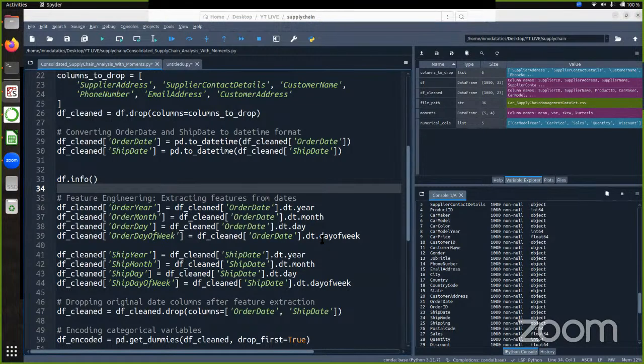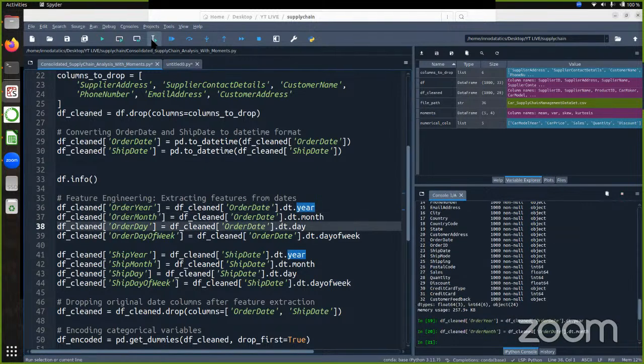So we need to ensure that we keep track of that information as well, and that is where our datetime will come into the picture. So we will extract all of this information.